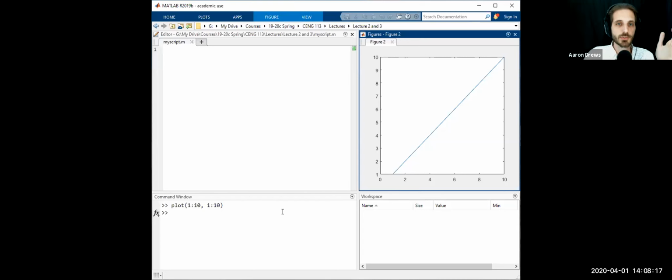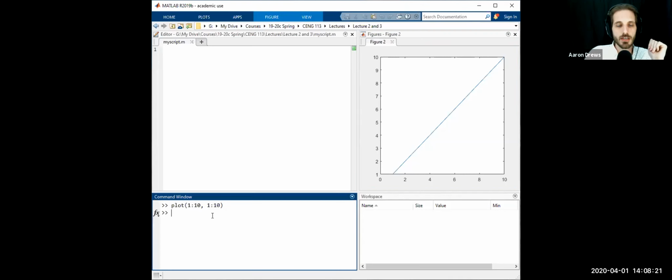A couple of things about your plots. The bare minimum of the information that needs to be in your plots, which we're going to skip when we're demonstrating it because it takes a little bit of time, but that has to go into your plots when you're submitting them, is an x-axis label and a y-axis label. You'll get those with xlabel, so you can call it 'my x label'. You give it a string, and you can do the same thing with ylabel, 'my y label'.